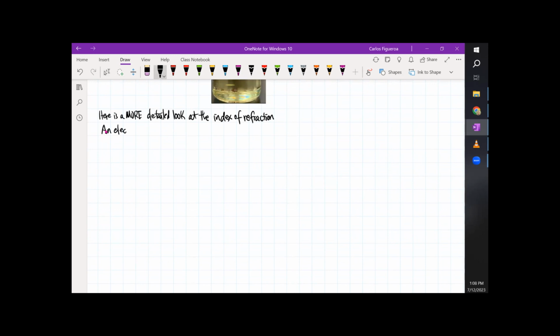So in an electromagnetic wave, part is electric and magnetic.